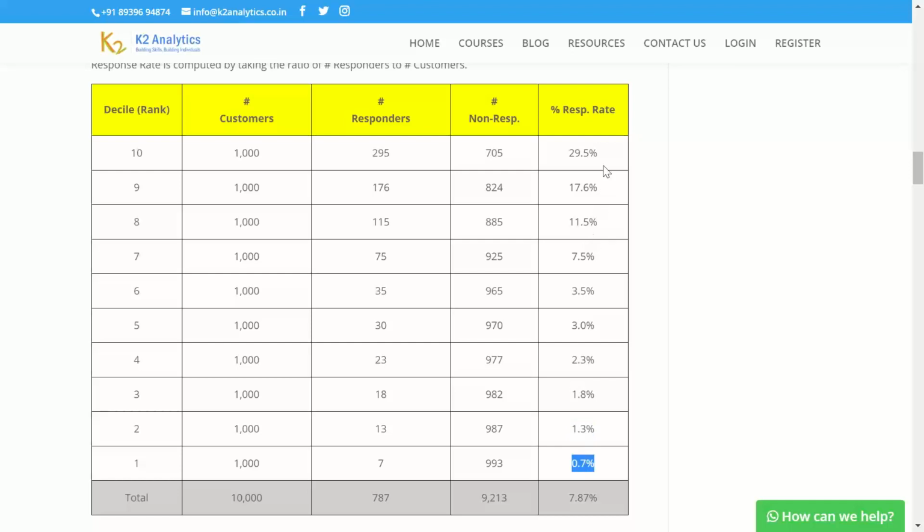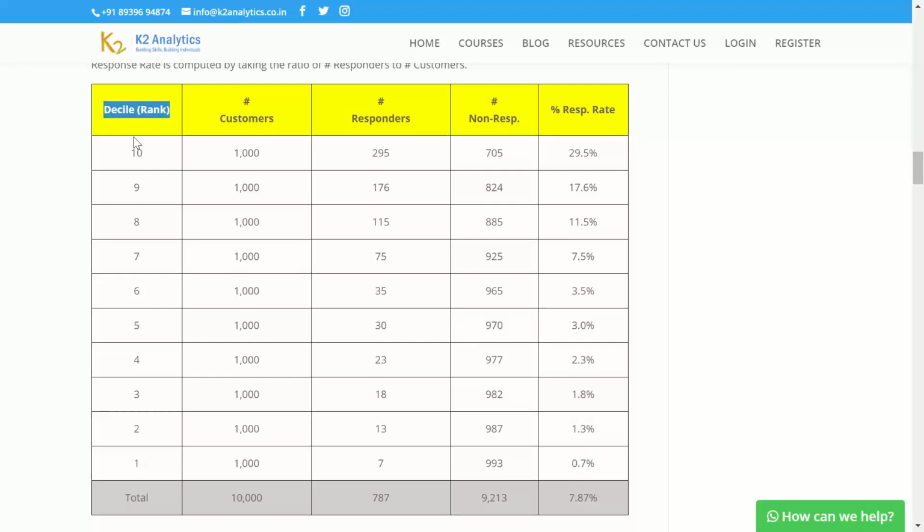If you just focus on the numbers 29.5, 17.6, 11.5, 7.5, 3.5, 3.0, 2.3, 1.8, 1.3, 0.7, it is gradually decreasing. There is a descending order. In a way, I can say there is a rank order.